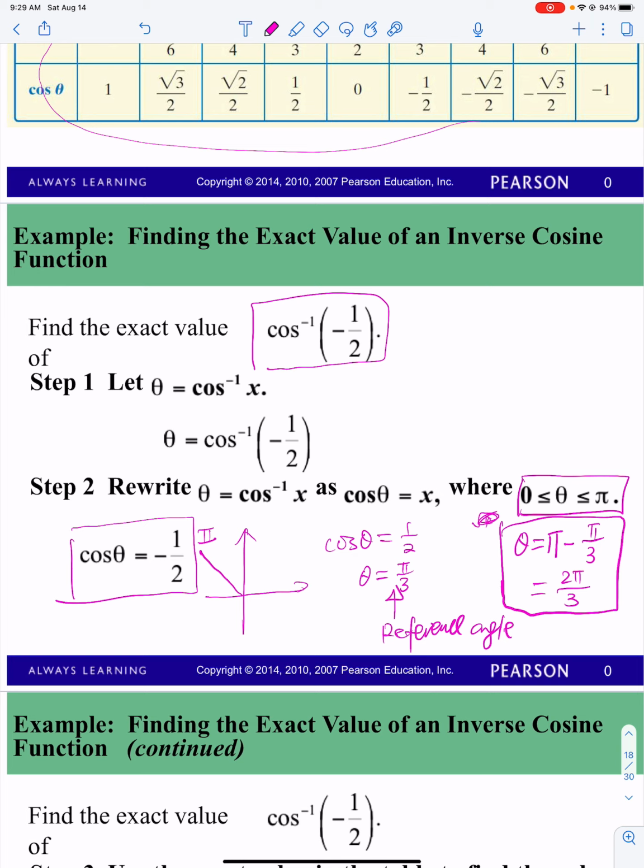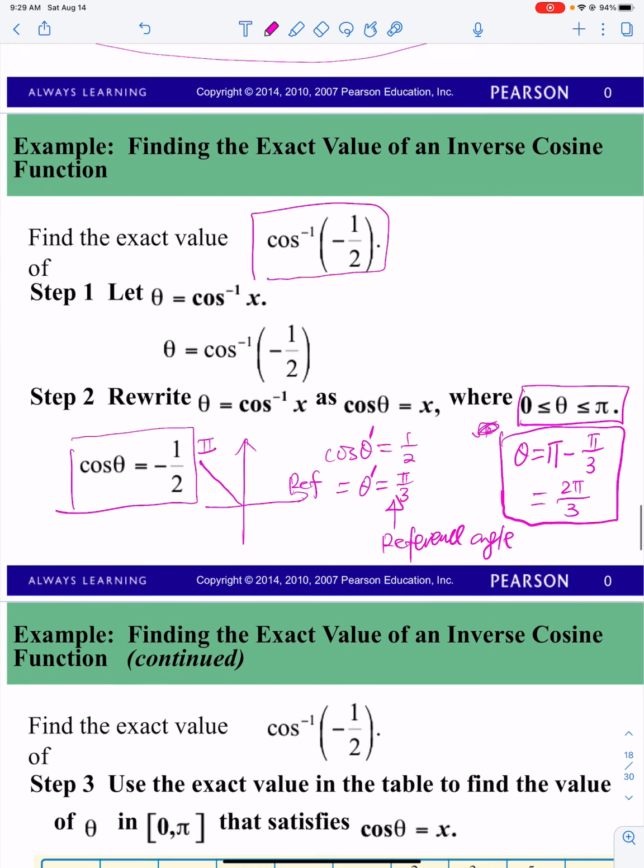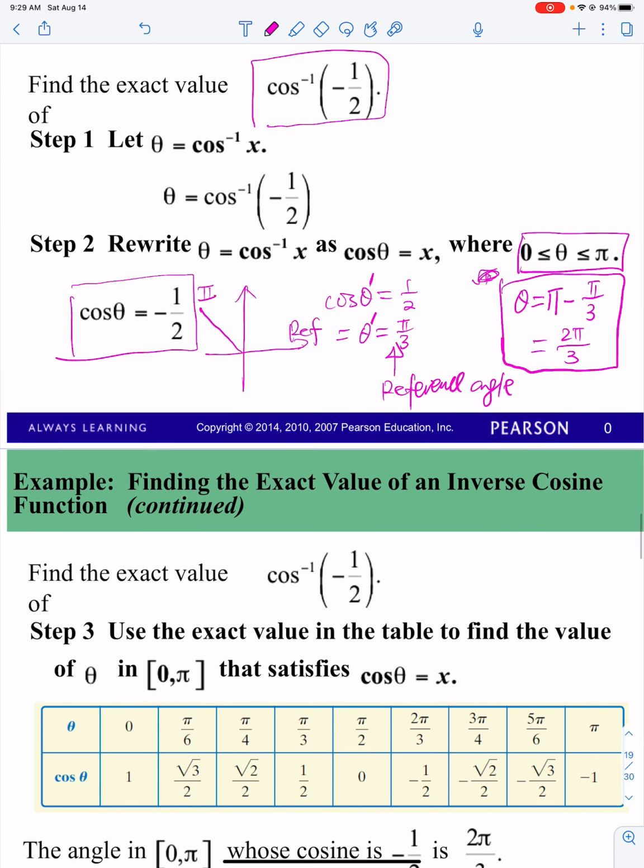So this is your theta prime, which will be your reference angle. You can remember all these values, or you can find the reference angle. Because cosine inverse is either in the first quadrant or the second quadrant, since it's between 0 and pi.